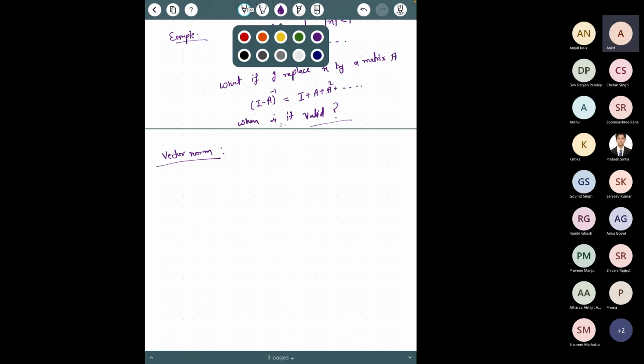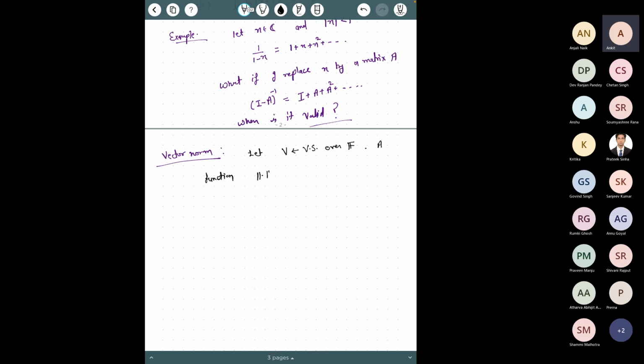Okay, so what is a vector norm? Suppose that we have a vector space. Let V be a vector space over F, where F is either R or C. Then a function, which I denote by this notation, is just a notation for a function. Since this is the standard notation for norm, I'm using it, but you can use any f, g, or whatever notation you want.